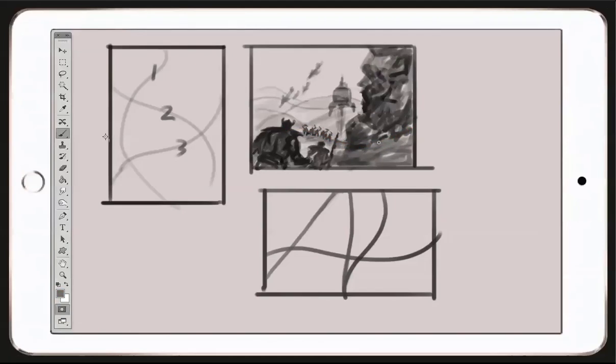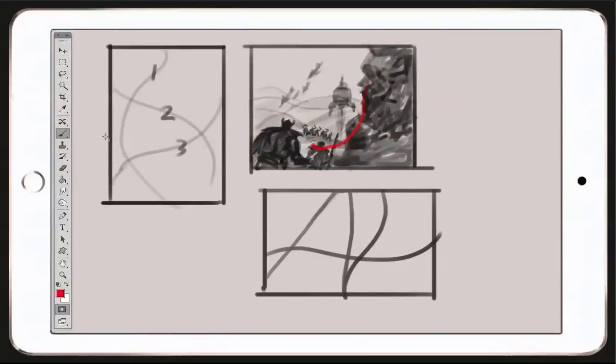You don't lose it completely. Make sure that it still is there. Now you can see that the composition holds together much better where these dark shapes are. All of that holds together because they're linked.